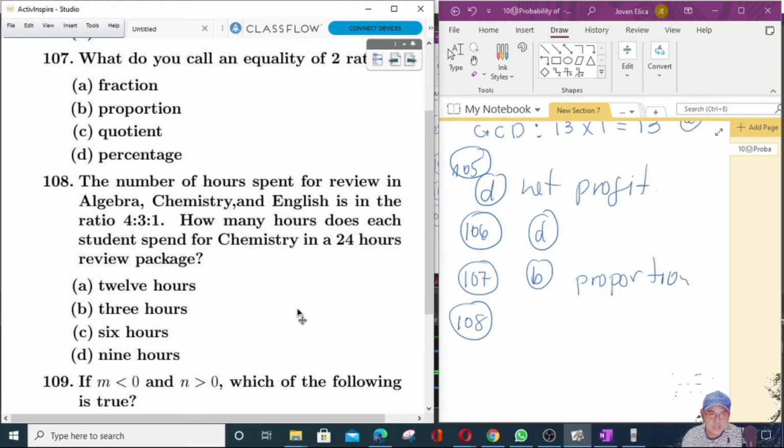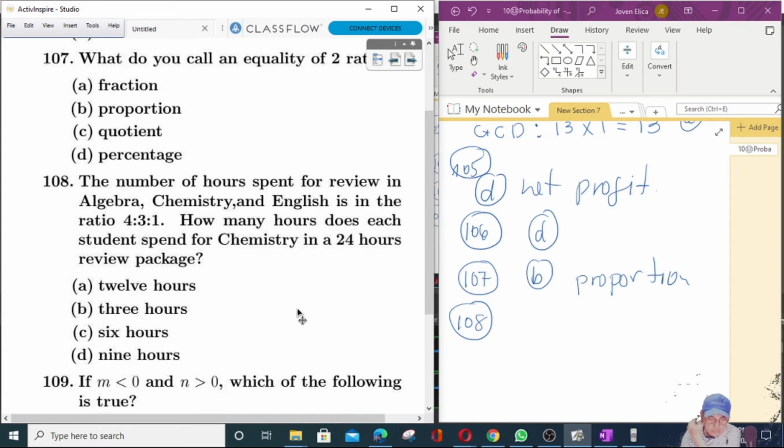How many hours does each student spend for chemistry in 24 hours? So this is a tricky question. It was given the ratio of three subjects, but the question is only focused on the number of hours spent by each student in chemistry.